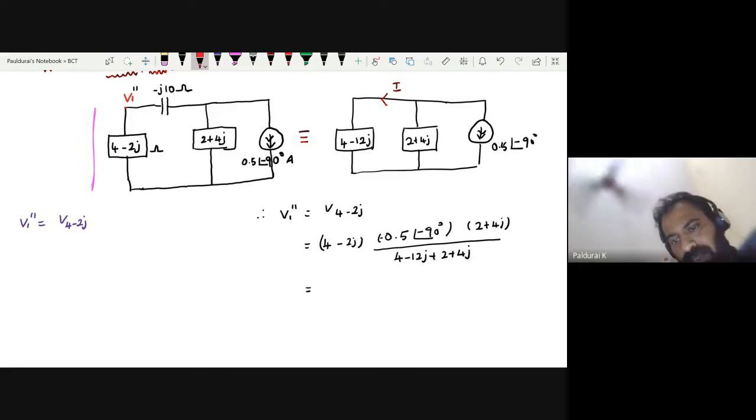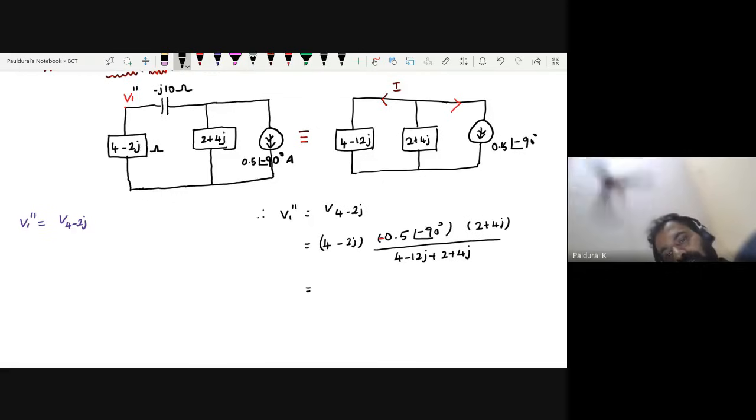It is minus. Why this minus? Because current is flowing in opposite direction, right? So that's all this minus. Anyone got the answer?